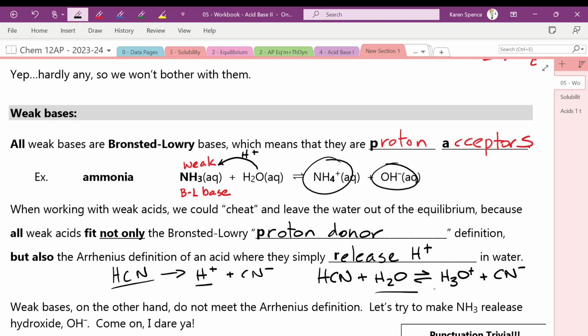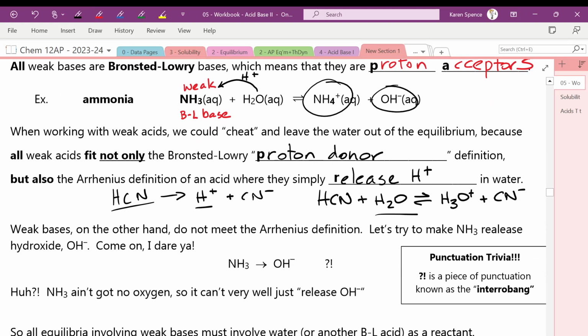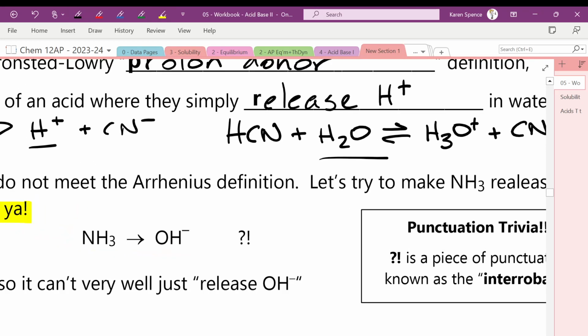However, bases do not meet the Arrhenius definition. Let's try to make ammonia release a hydroxide. Can you make ammonia release a hydroxide? Just no, right? Where did the O come from?